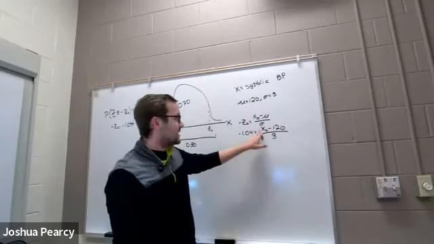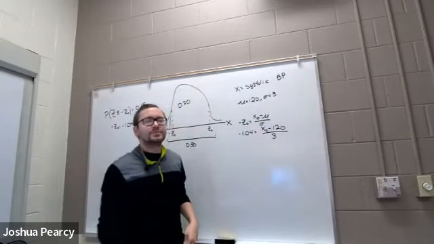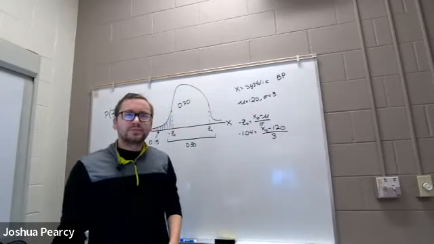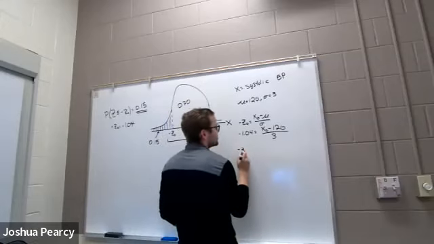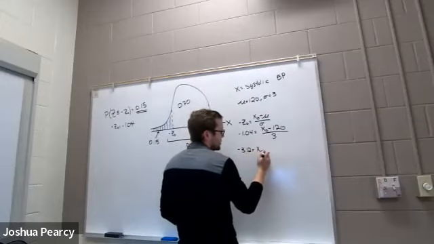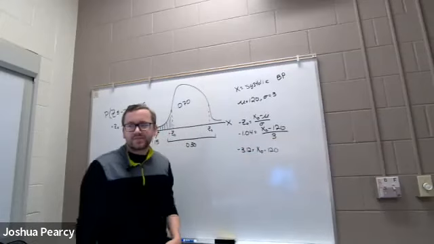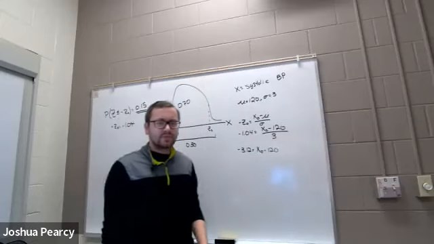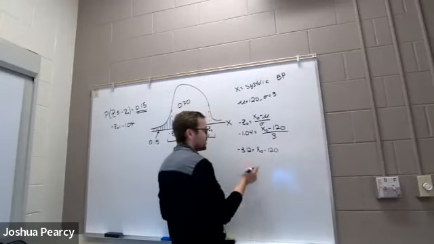Then you just isolate this x naught here. And how do you do that? Multiply both sides by 3 first. So that would be minus 3.12 equals x naught minus 120. And then to isolate the x naught you want, you just add over 120.